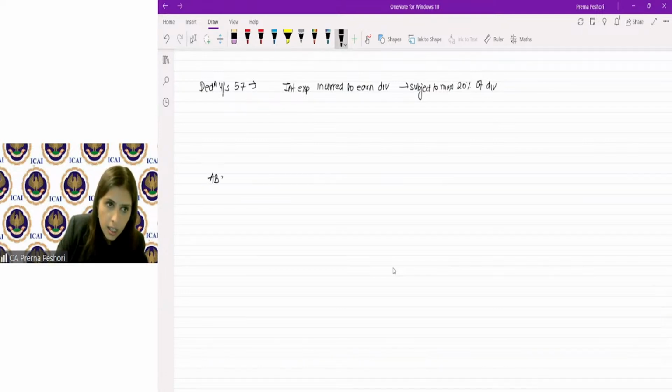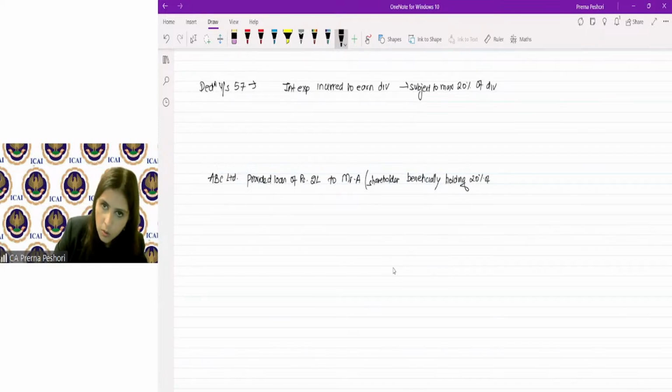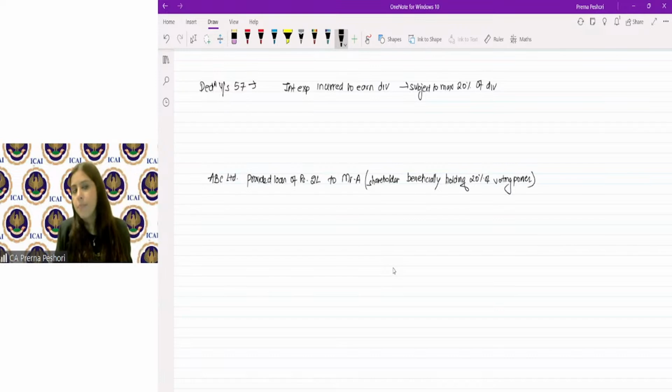Let's say ABC Limited provided loan of rupees 2 lakh to Mr. A, shareholder beneficially holding 20% of voting power.